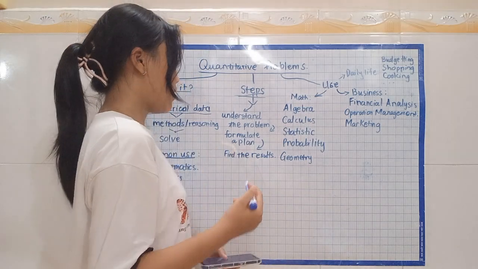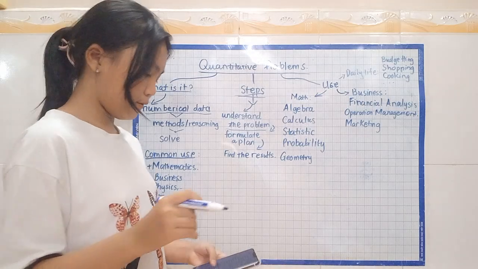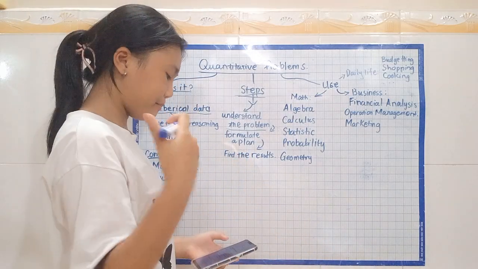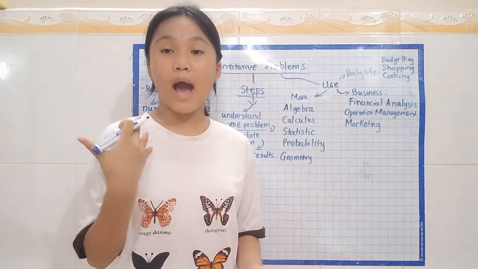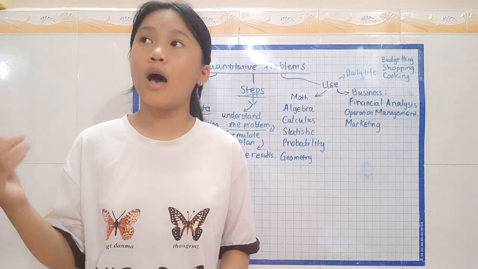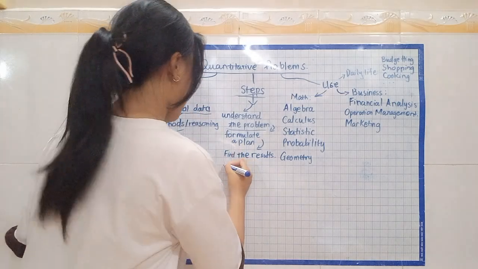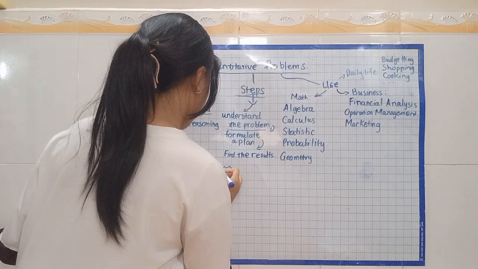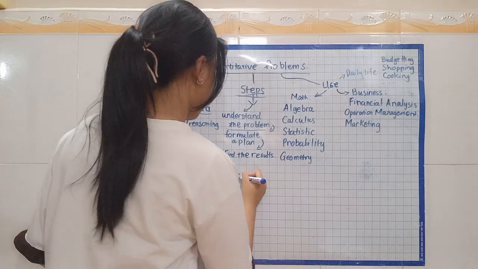Okay, so first we have to understand the problem. Let me give you an example. Let's take a basic arithmetic problem so that we can understand it. So I was going shopping, and I saw a shirt that cost $25.